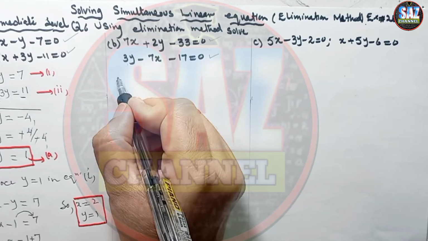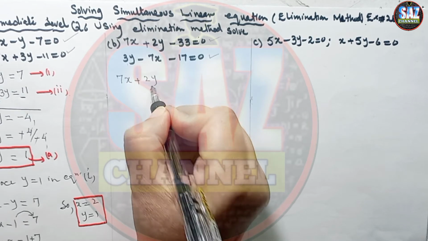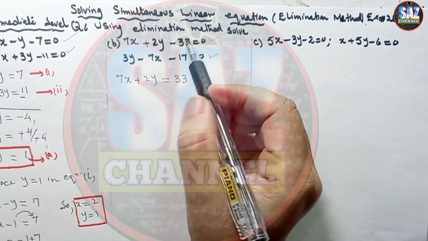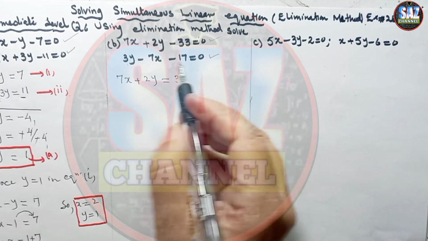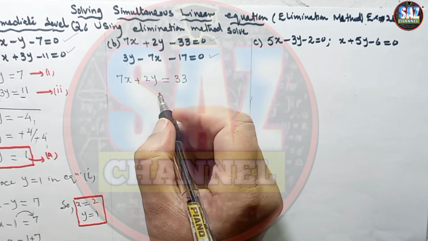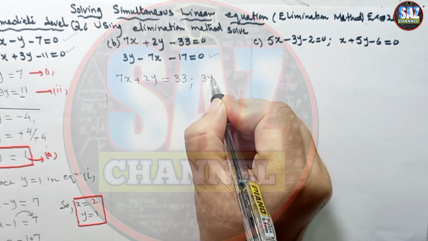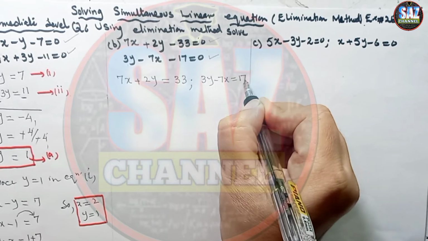From equation 1 we can write it in the form 7x plus 2y equals 33. And now if we look at the second equation, first of all I have to shift this 17 to the other side, and when I shift 17 to the other side, the equation will take the form 3y minus 7x equals 17.